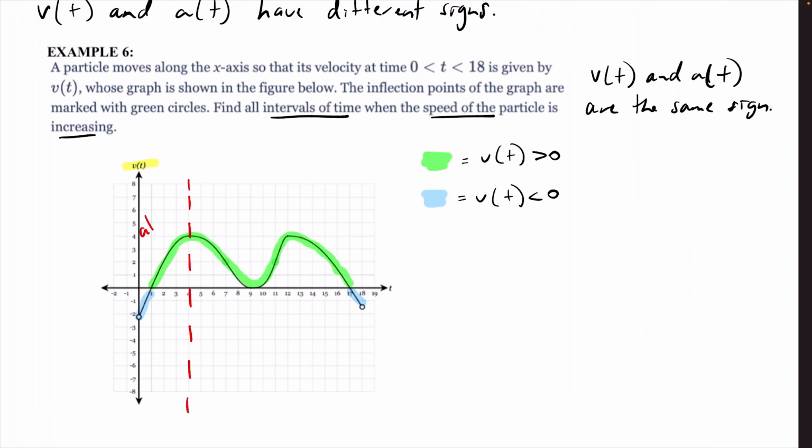So acceleration is positive. Then I'm decreasing until about 9, yeah? Then I'm increasing till about 12. Yep. And then decreasing the rest of the way.